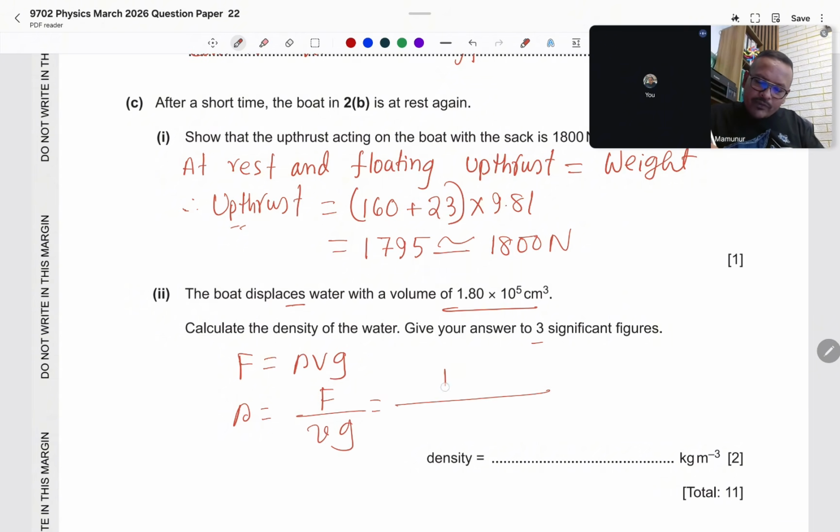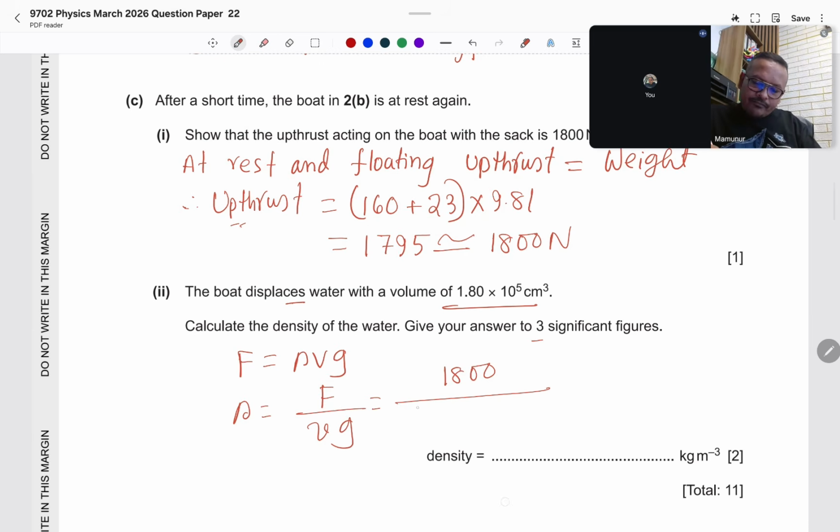Upthrust is 1800. Volume is given 1.80 into 10 to the power 5, see here, it is in centimeter cube and they want kg per meter cube. So that is why we must concentrate on what unit is given on the question paper. We need to convert them first.